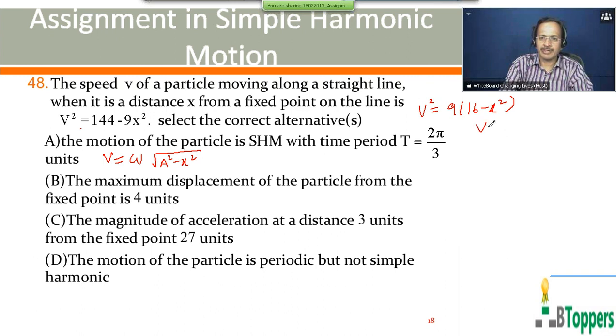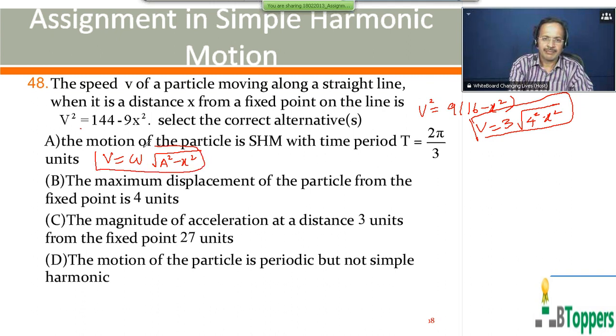If you take the positive root here, v can be written as root 9, which is 3, into root of 4 square minus x square. So compare this equation with this equation. So omega equal to 3 units. A square equal to 4 square, or A square equal to 16, or A equal to 4 units.